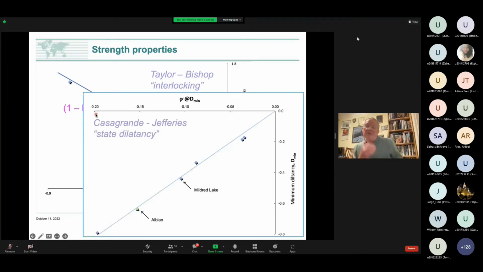The last thing we've got to do in terms of pulling out properties is we have to relate dilatancy to void ratio. Mathematically, you expect that D min is a linear function of state parameter, and it's not the initial state parameter. If you look at some of the stuff that's been written in the literature, including some of the stuff I first wrote, we're using the state parameter at the start of a triaxial test.